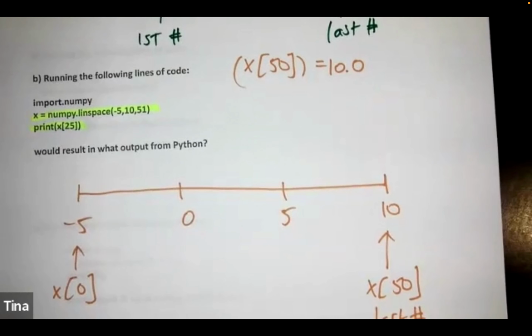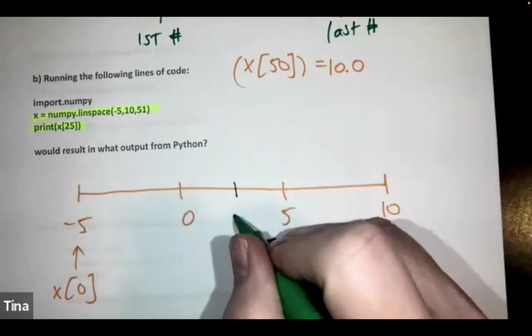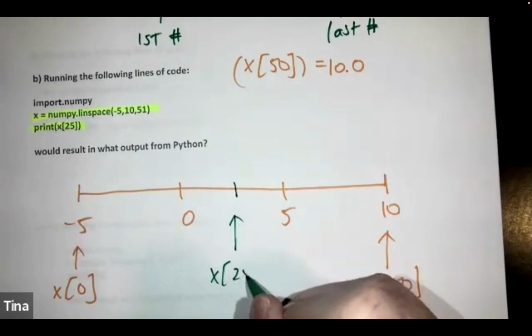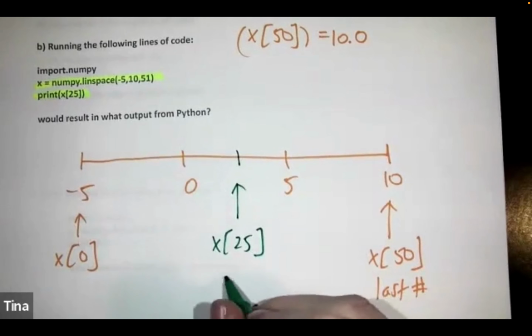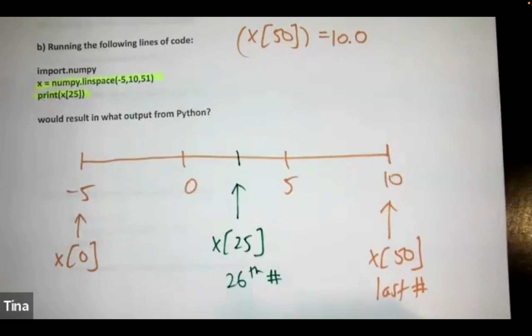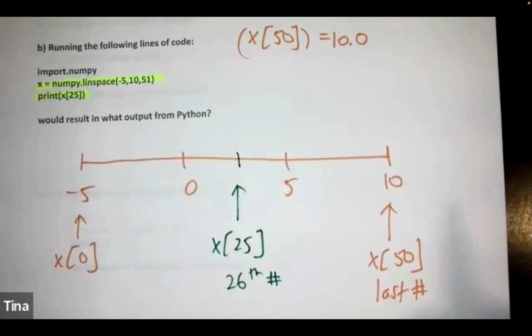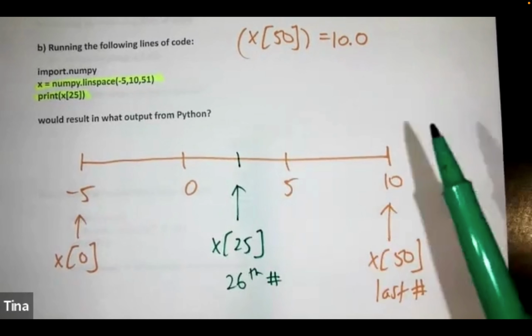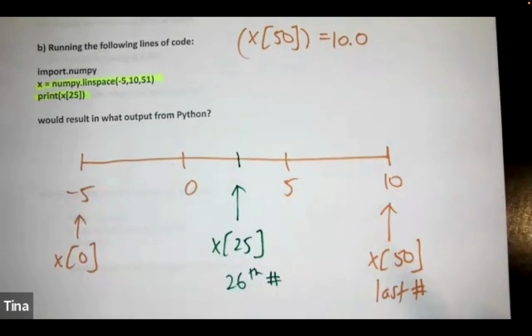And so if we want x of 25, well, that's this number, right? X of 25. In other words, the 26th number, right? Because we have 0, so from 0 up to 25, that's the 26th number.